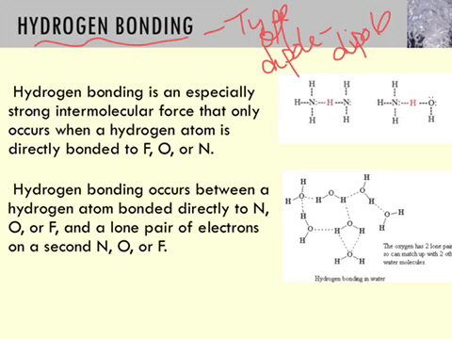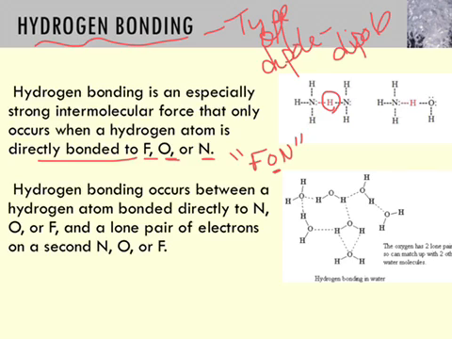Hydrogen bonding can only occur when there is a hydrogen atom that is directly bonded to either a fluorine, an oxygen, or a nitrogen. I always like to say, just to help you remember what types of compounds can hydrogen bond, I say hydrogen bonding is fun, isn't it? Get it? Like fun, have fun, but really with an O, F-O-N.